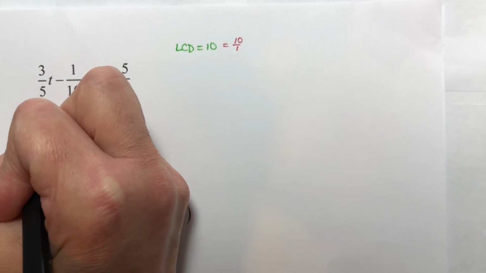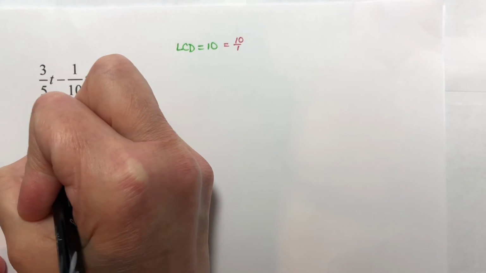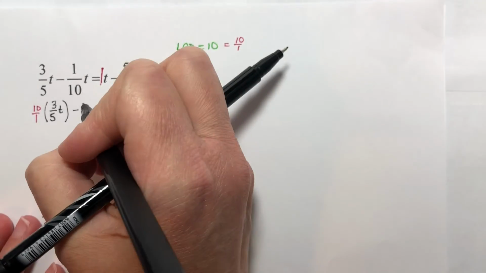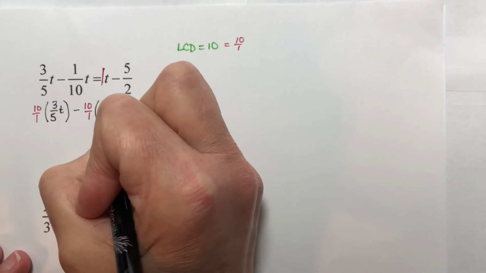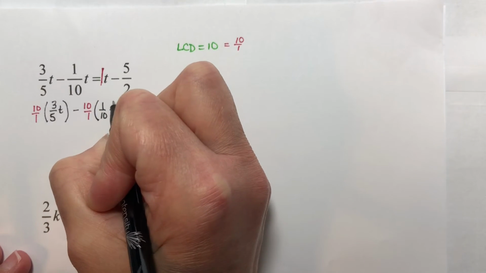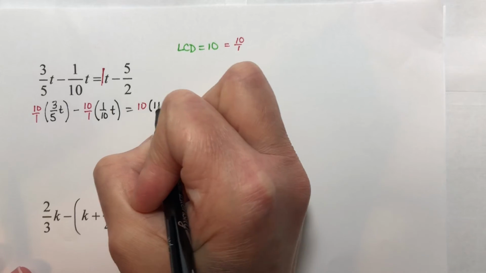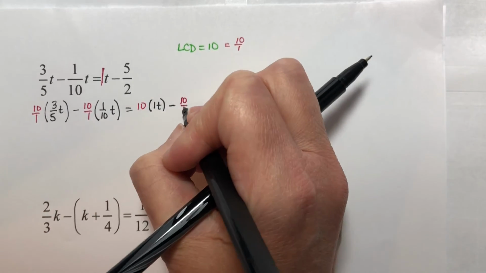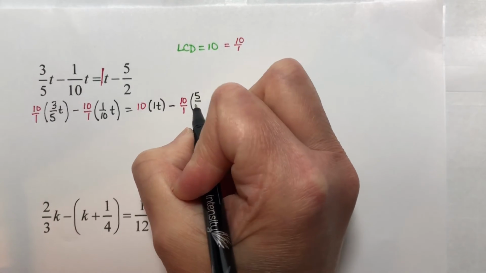So I have 10 over 1 times 3/5 t minus 10 over 1 times 1/10 t equal to 10 times 1t minus 10 over 1 times 5 halves.